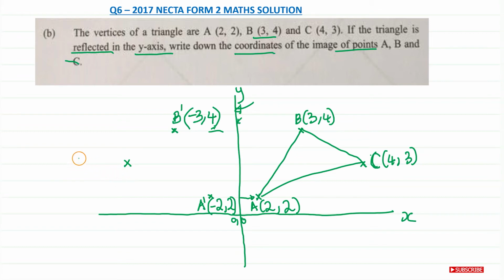So this point is point C dash now, and the x value would be -4 and the y value stays the same. And now you can join this triangle like that, and you can see it roughly looks the same, and that should be enough to give you full marks.